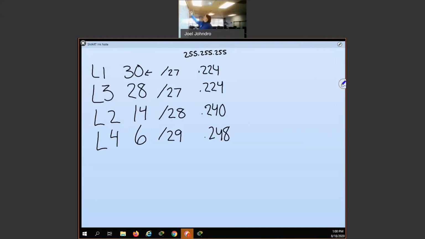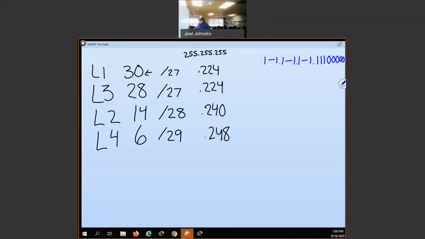So we'll write our subnet mask, our /27, that's 27 ones. So that's 8 ones in the first octet, 8 ones in the second octet, 8 in the third octet, and that's 24. So 25, 26, 27.